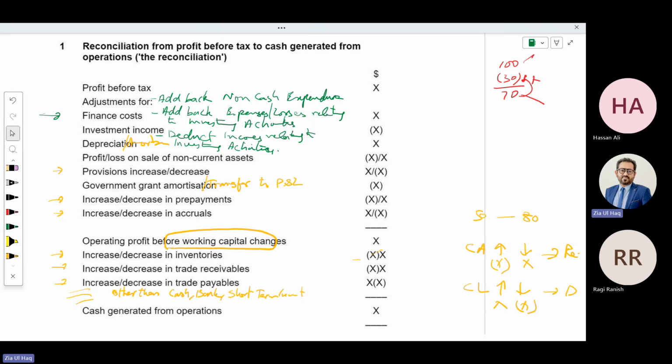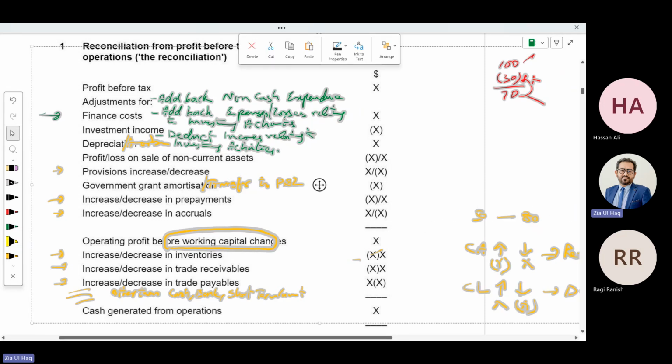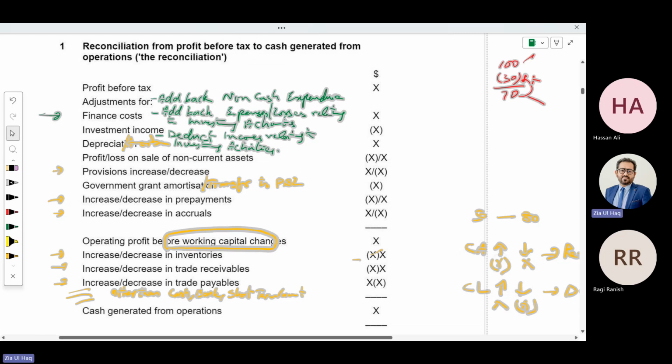I get that. My question is about this one, come difference. You're talking about this, right? Yes. So, you added this one as well, right? Yeah, that I got. Here, sir said if there is current asset increase. Current asset? Yeah.